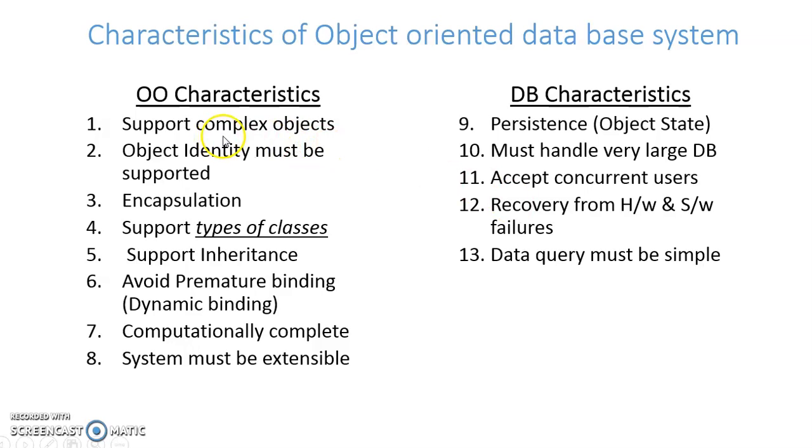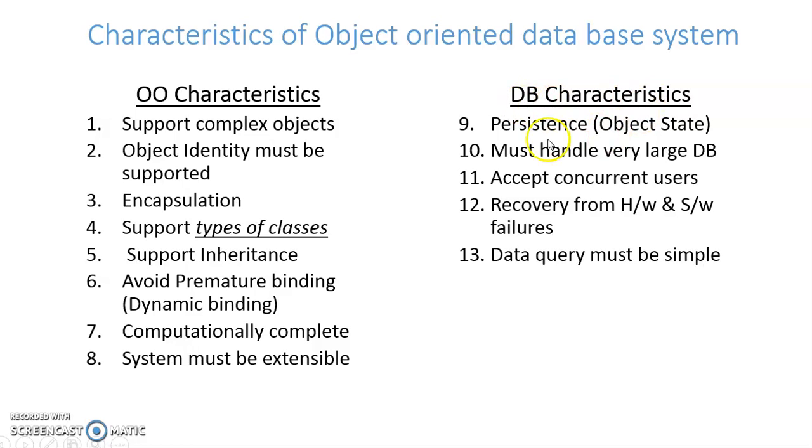It should support complex objects, must have object identity, must support encapsulation, should have different types of classes, should support inheritance, must avoid dynamic binding, it should be complete, and it should be extensible. Extensible means we should be able to add more systems.